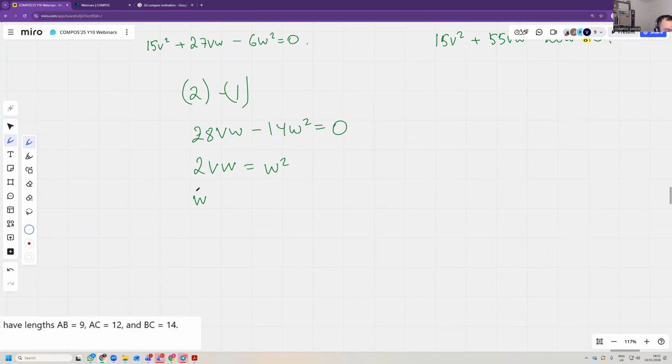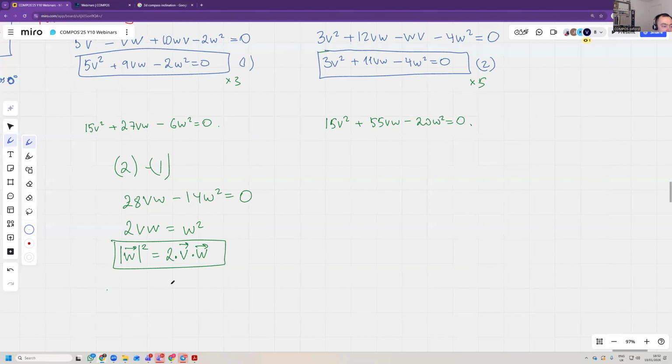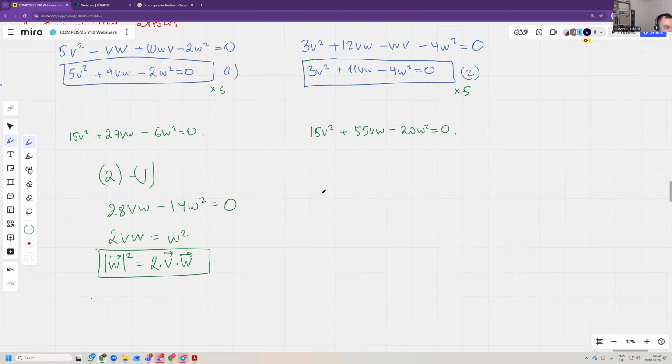The modulus of w squared is equal to 2 times vw. This is how it should be written down properly. Now, if you substitute that into the equation, that's where you get into trouble, where I got into trouble when preparing this webinar. Let's not use this one.